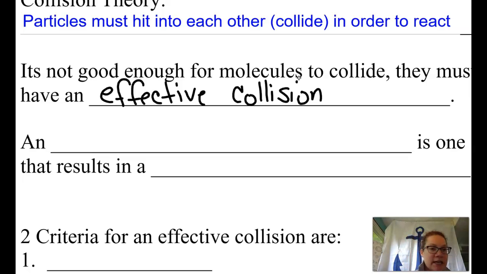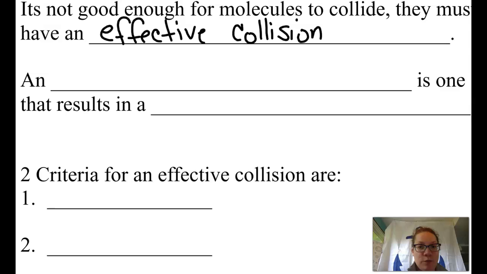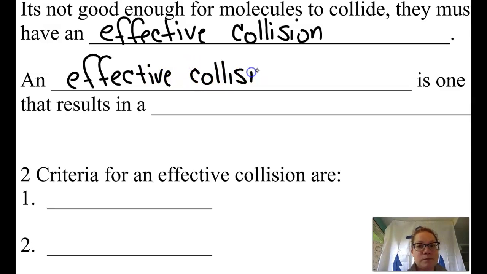So we'll get to that in a second. Start to think about what would need to be true in order for the particles to rearrange their electrons. So we're going to see here an effective collision is one that results in a chemical reaction.